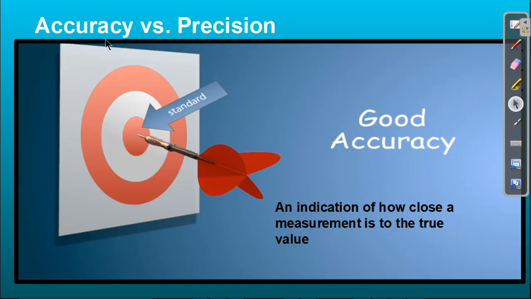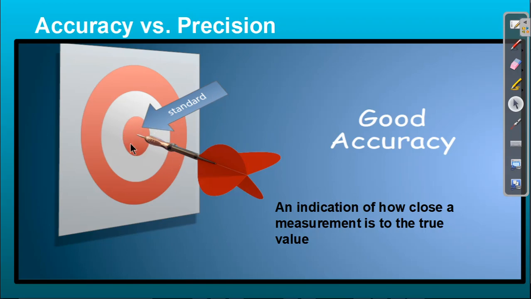Let's look at that. Accuracy versus precision. What do we mean? Accuracy means how close to the true value did you come when you're reporting data. To be able to know if you were accurate, you need to know the standard. You need to know what the true value is.